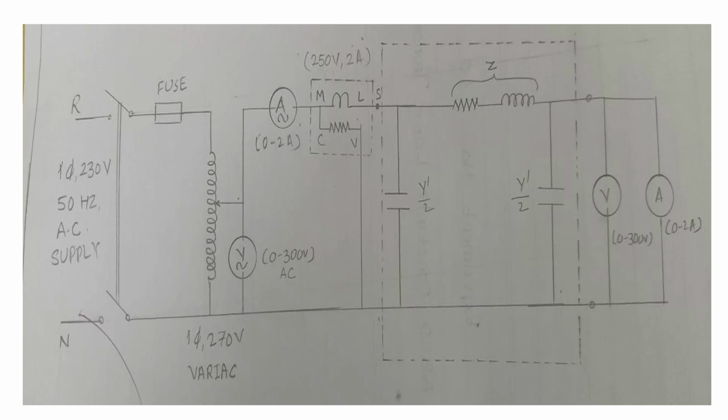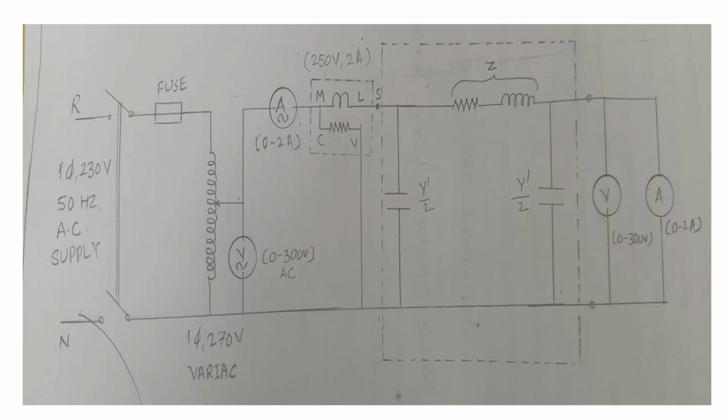First of all, we'll provide this 230 volt AC supply to the sending end of the transmission line, and at that time, in one case, receiving end will be open, we'll measure the sending and receiving end parameter, and in second case, receiving end will be short circuited and we'll measure the sending end and receiving end parameters.